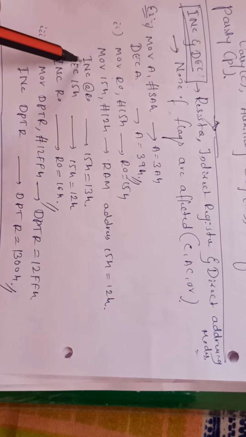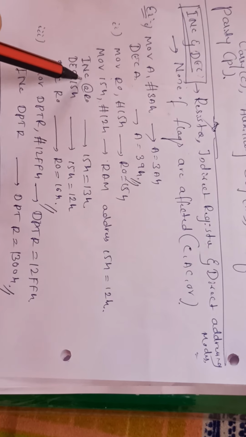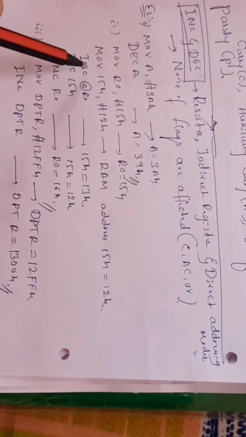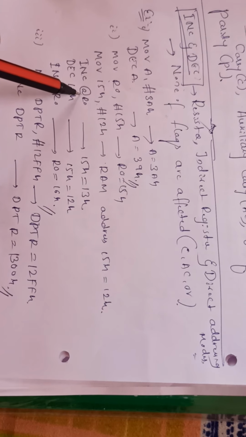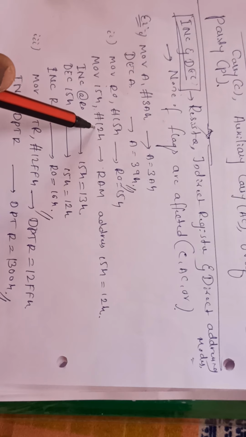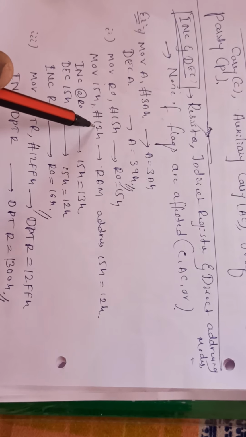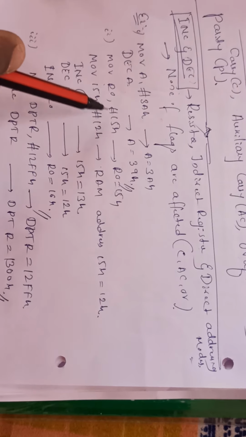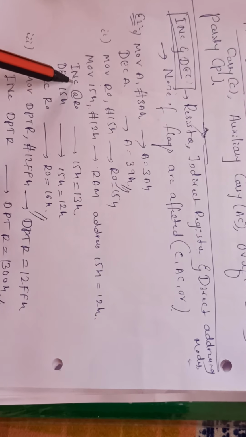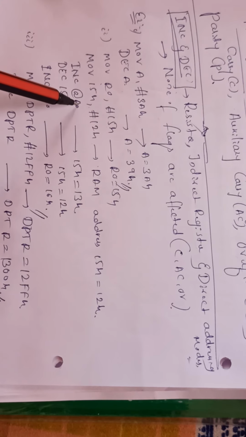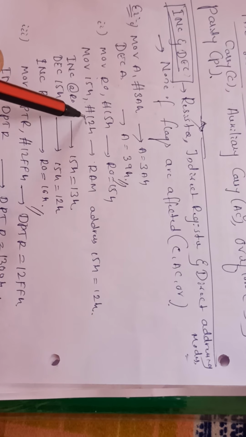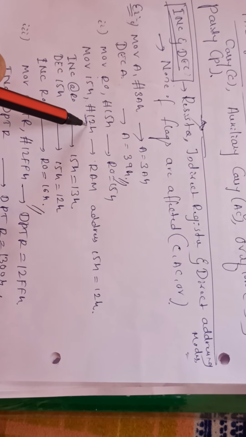If I write INC @R0, I need to perform the increment operation on the content of @R0. What is the content of @R0 here? The content is 12, because 15H is the memory address held by R0 itself. So I need to increment the content, that is 12 plus 1, and it becomes 13H.